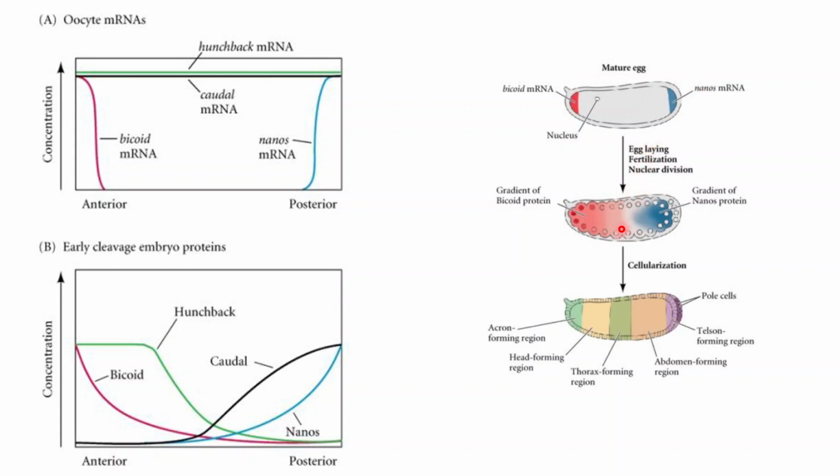After fertilization and egg laying, there is a gradient of bicoid protein and a gradient of nanos protein which determines different regions. The head forming region will express hunchback protein, and expression of bicoid is necessary for determining the head forming region. Whereas in the posterior, nanos protein does not let translation of hunchback. So we have this kind of gradient: a hunchback bicoid gradient in the anterior, whereas a caudal nanos gradient in the posterior. That is why statements 3 and 4 are true.